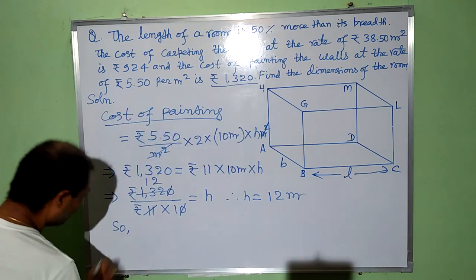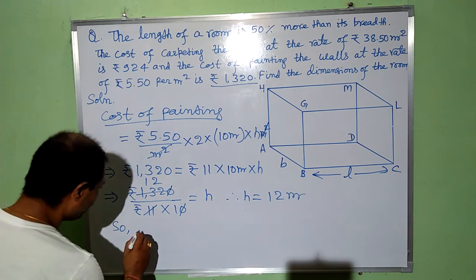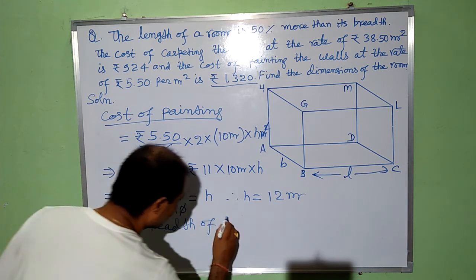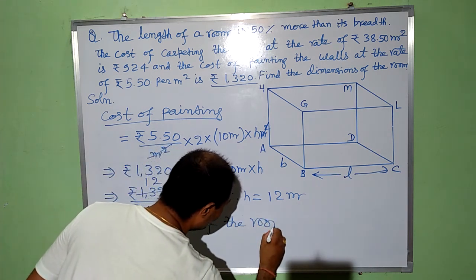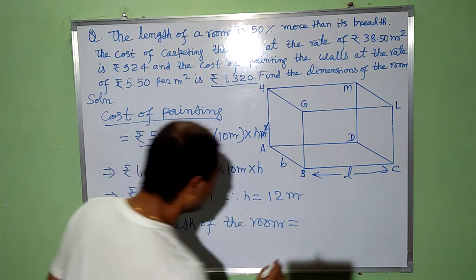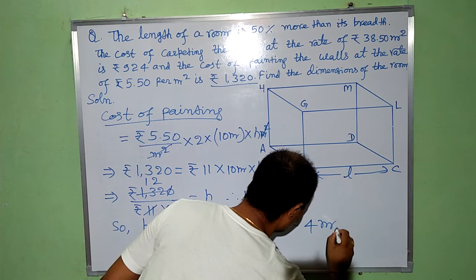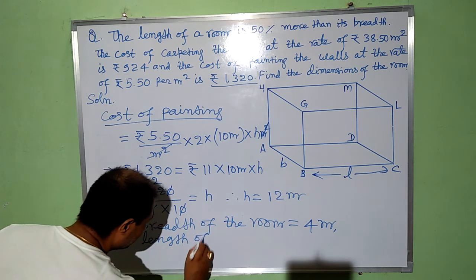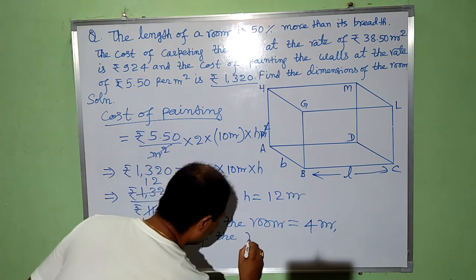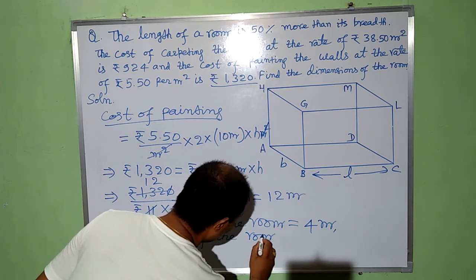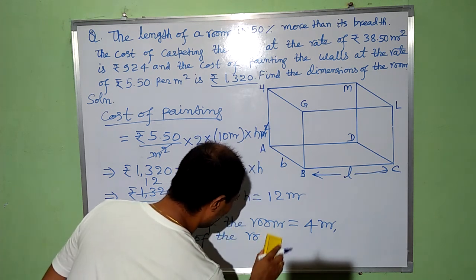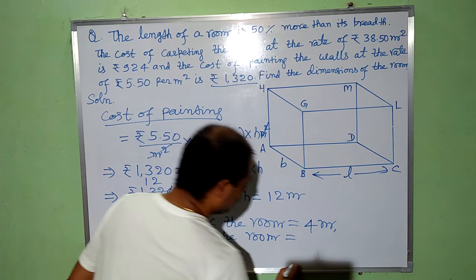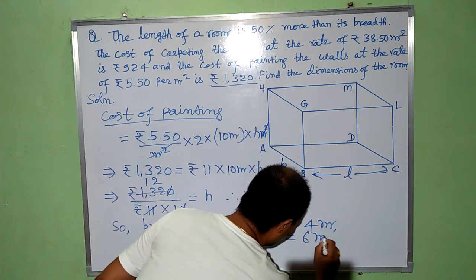So all the three dimensions are: breadth of the room, that is x meter, which is already obtained, that is 4 meter. Length of the room, that is 3 by 2 x, that is 6 meter, which is already obtained.